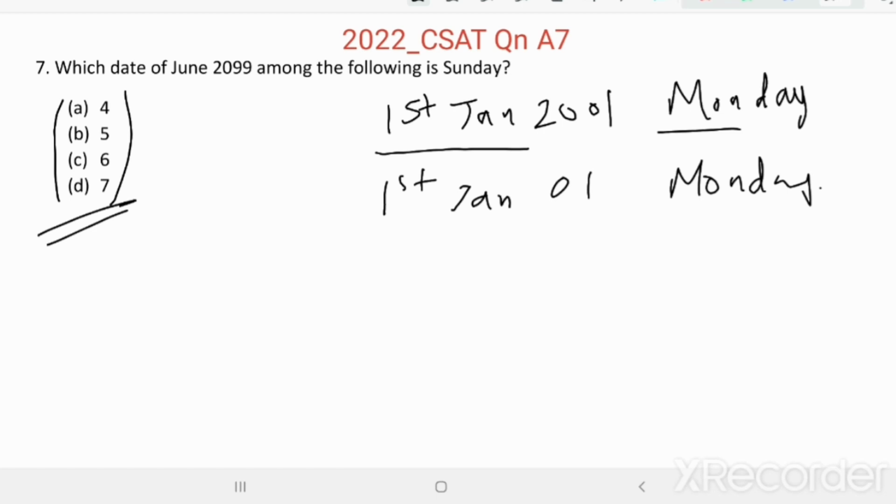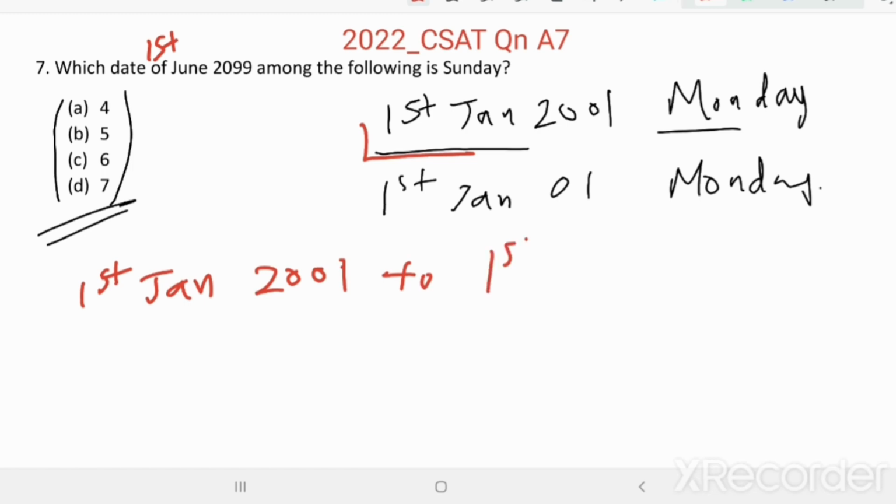Then 1st January 2001, keeping this as a benchmark, we can find 1st June 2099. So from 1st January 2001 to 1st June 2099, there are 98 years.